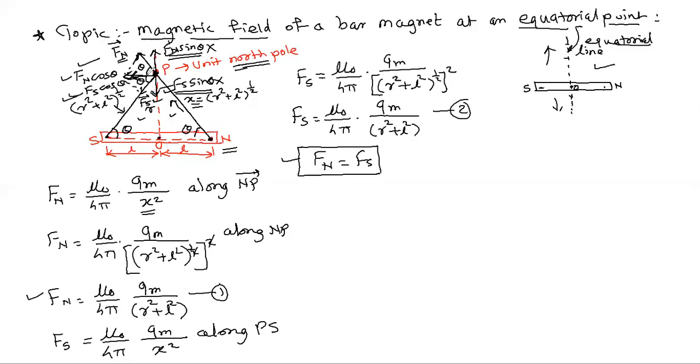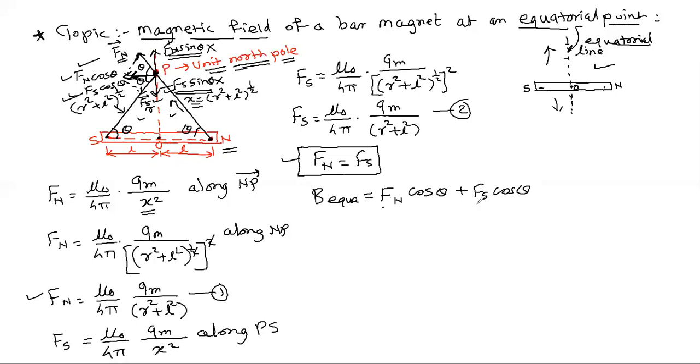So I can write here the magnetic field, that is B equatorial, is equal to the net force on the unit north pole at equatorial point P, which is given by Fn cos theta plus Fs cos theta.